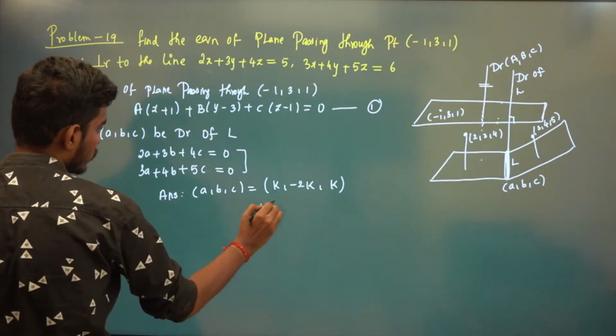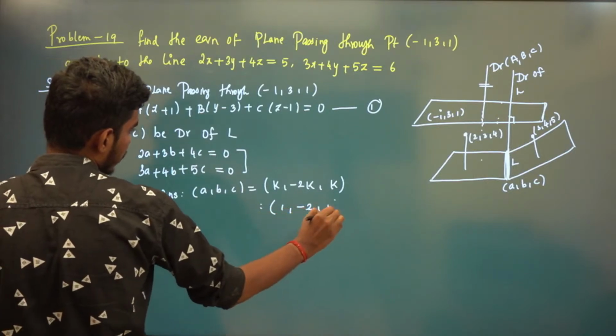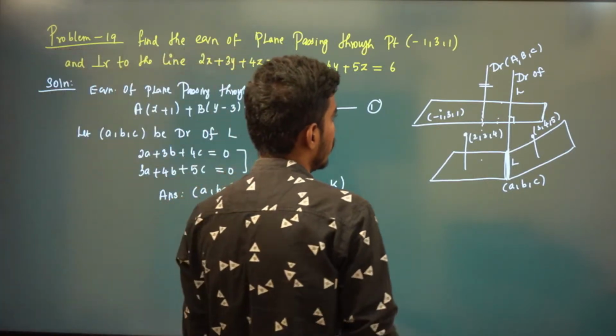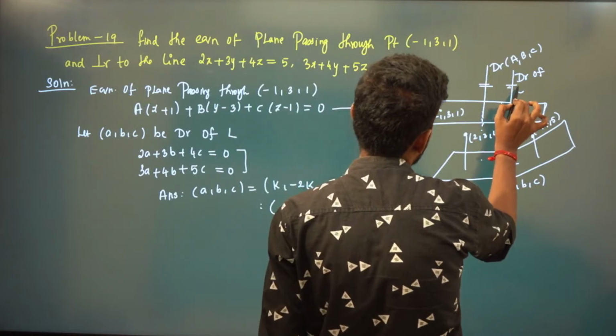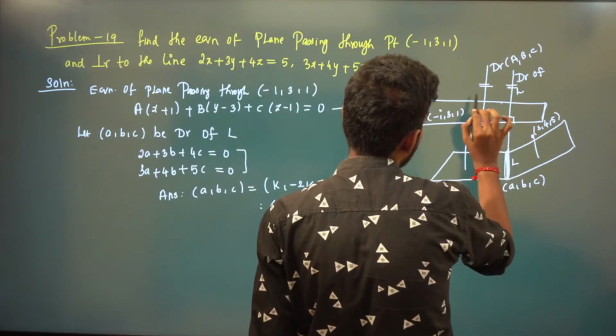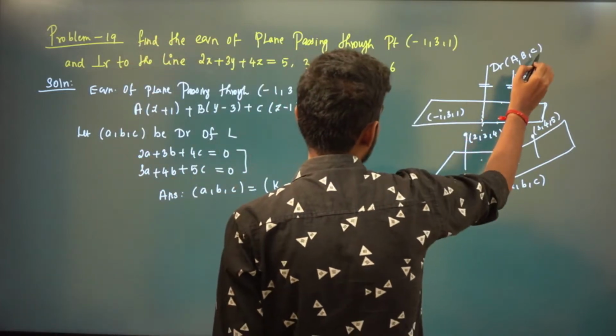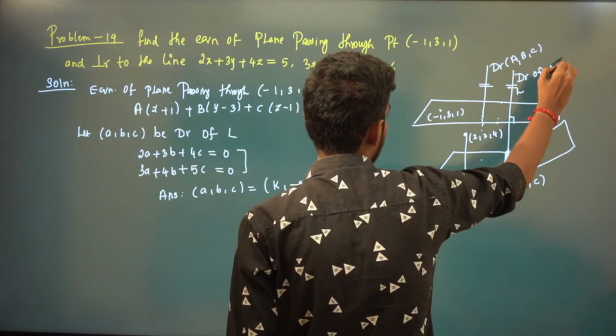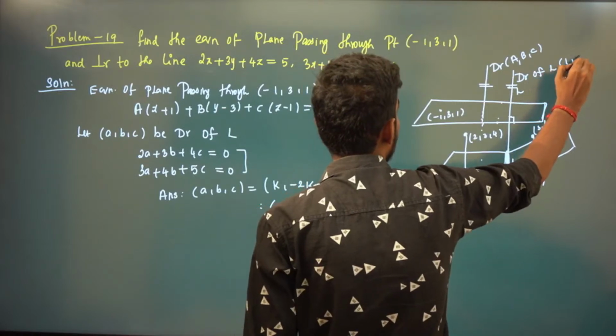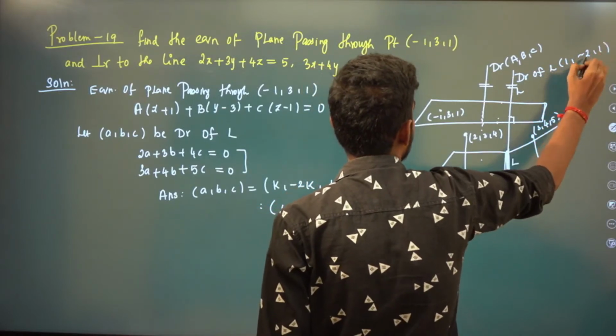This has direction ratio 1, minus 2, 1, which is the direction ratio of L. Now you can see these two are parallel, right? That means the corresponding direction ratios are proportional. So this has direction ratio A, B, C, and the direction ratio of L is 1, minus 2 and 1.